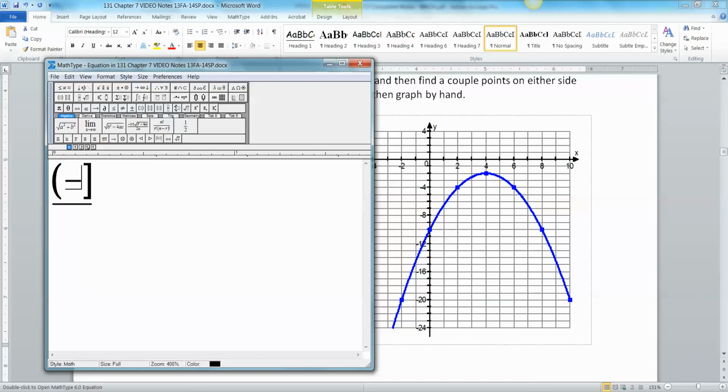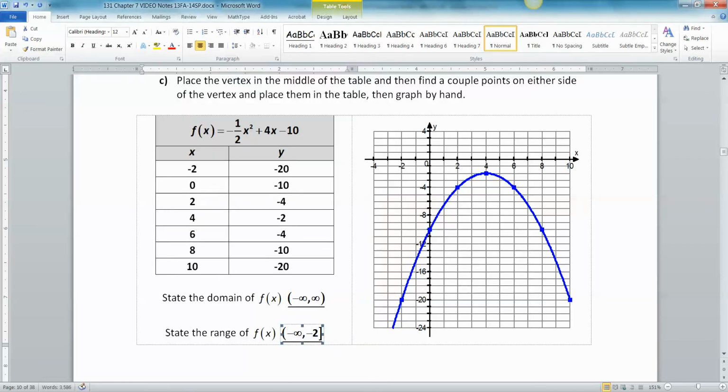There you go. -infinity, comma, -2. And -2 actually gets a solid bracket because you actually get to it. And so notice our vertex really does back up what we said it would. This is a parabola, it's opening downward, and the vertex is the maximum right up there.